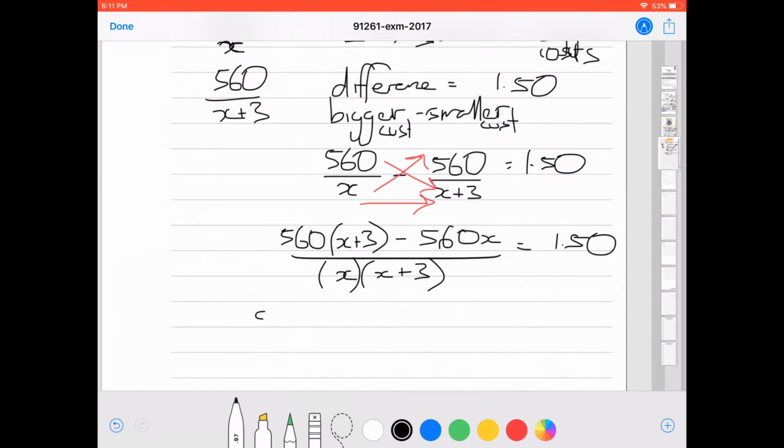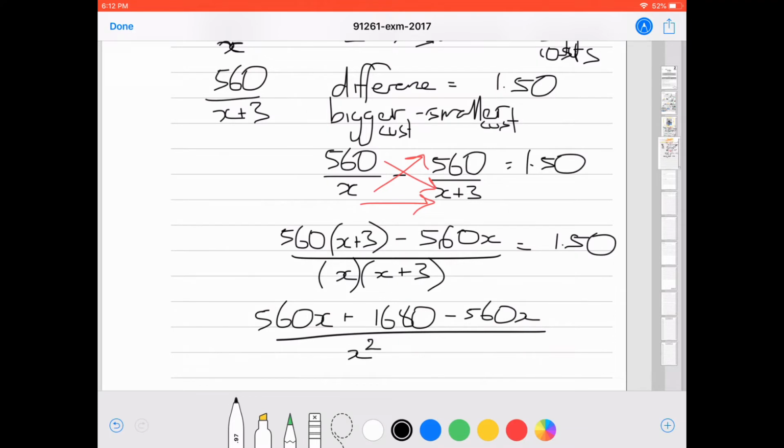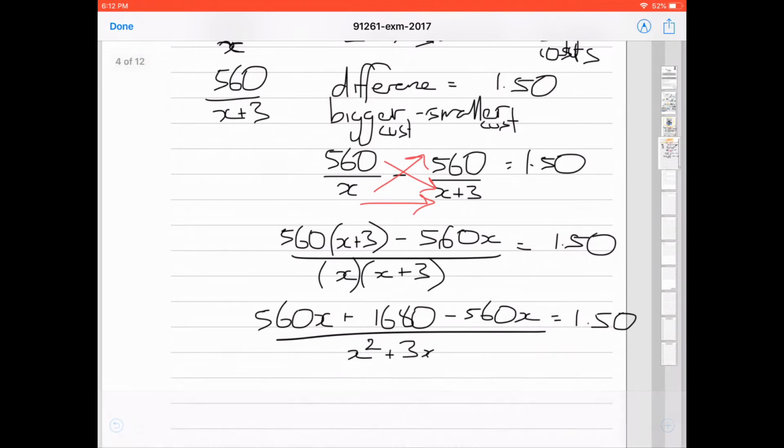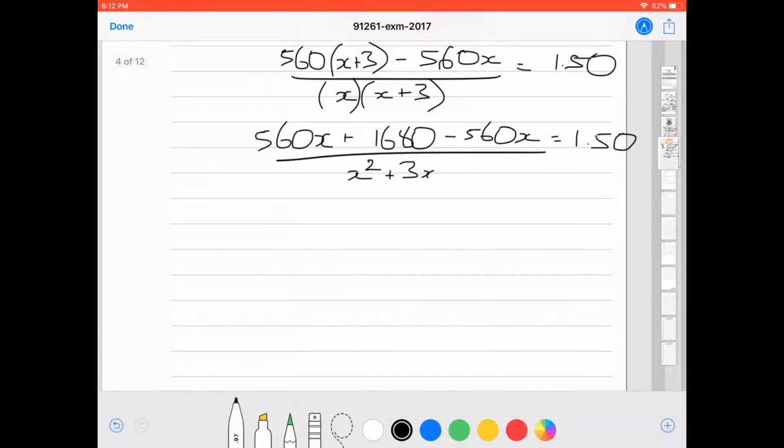Okay, expanding our brackets, we've got 560x plus, now 560 times 3, we can calculate 1680, minus 560x, over, expanding our brackets, x squared plus 3x. This equals $1.50. Okay, so we can do a few things at once.